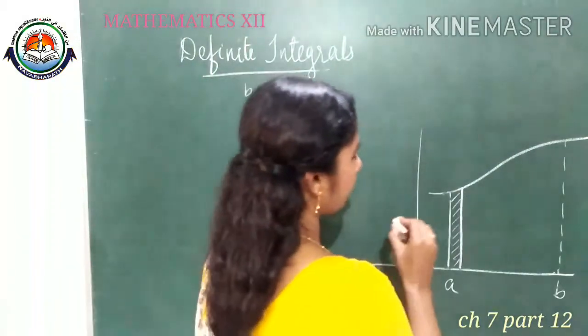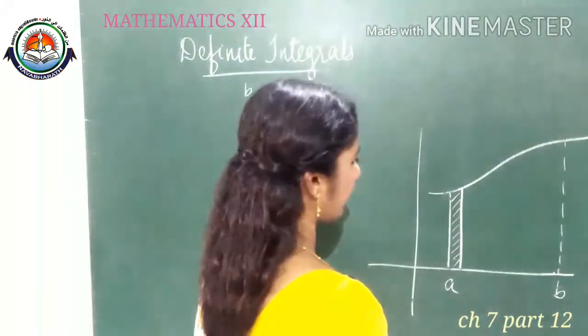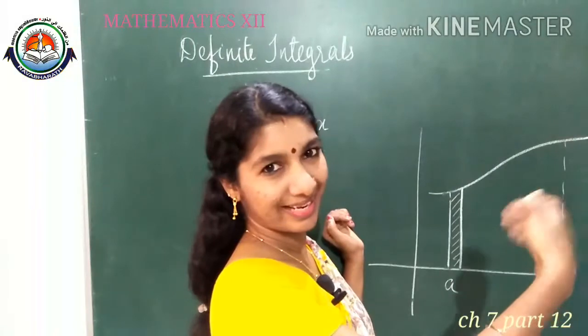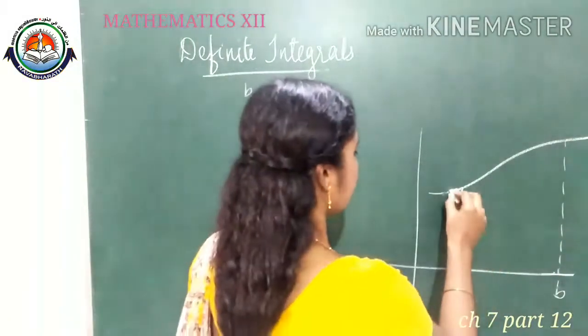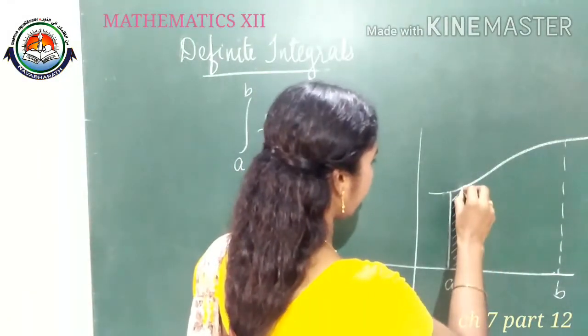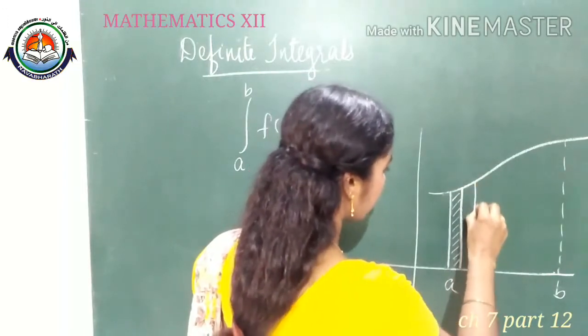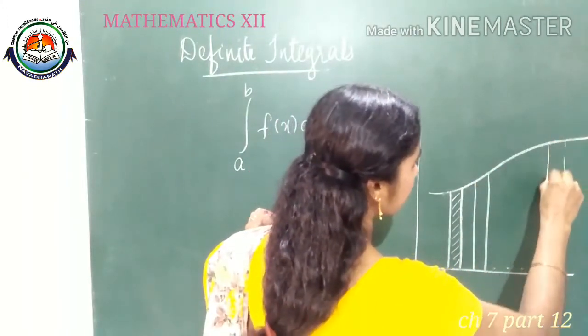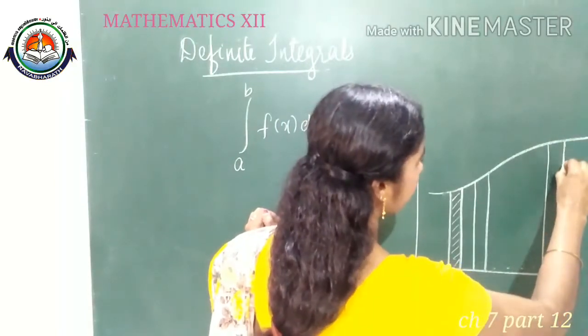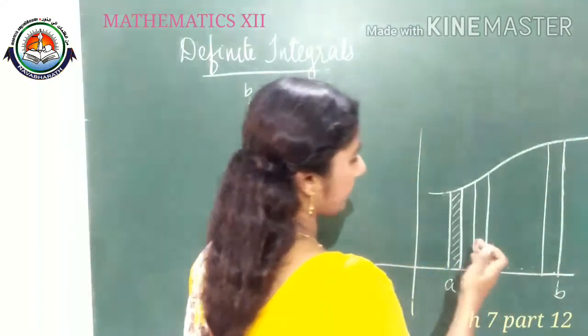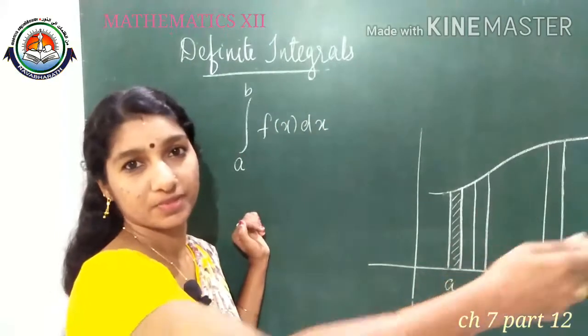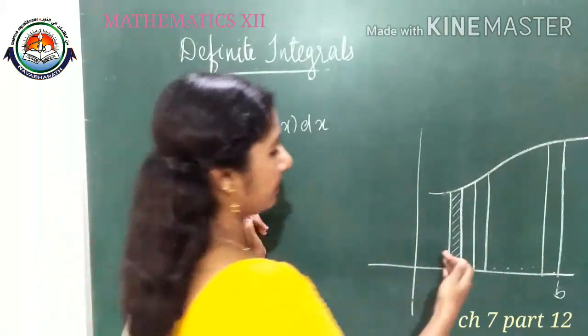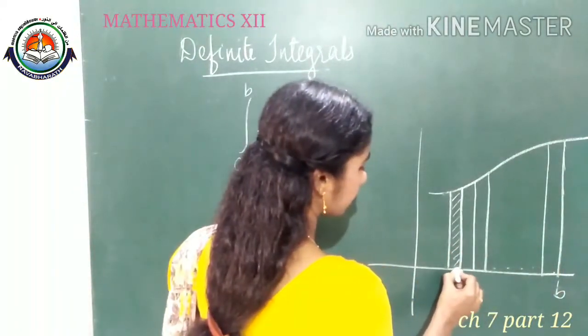And see, for finding this area, we need to add all these areas. So for that, I am drawing some strips like this. So many strips. Suppose I am making from a to b, dividing into n strips. Then what will be this length?